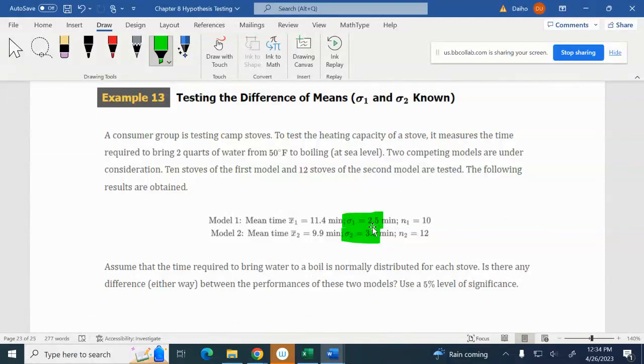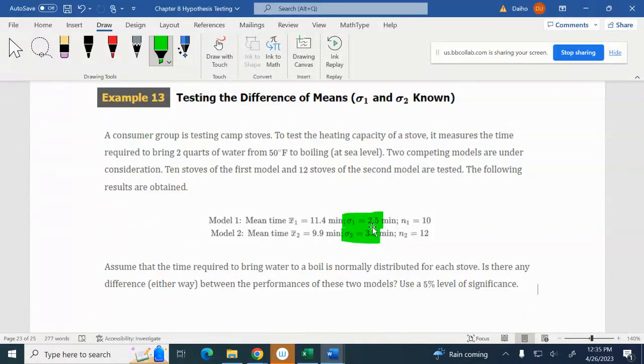Model number 1 took 11.4 minutes on average. The second one, 9.9 minutes. Which one is better? Which one is more powerful? 9.9. Shorter, faster, better. It's more powerful. Does it make sense, right?